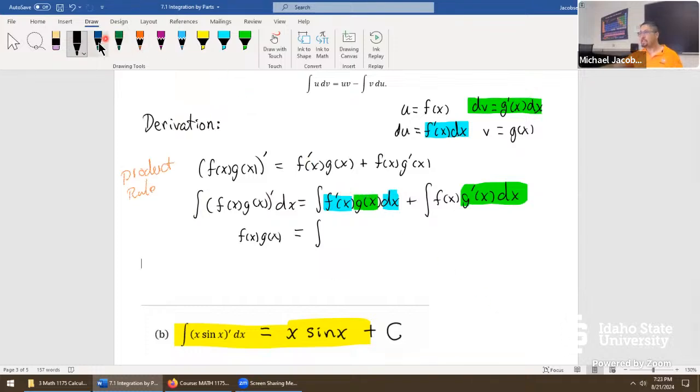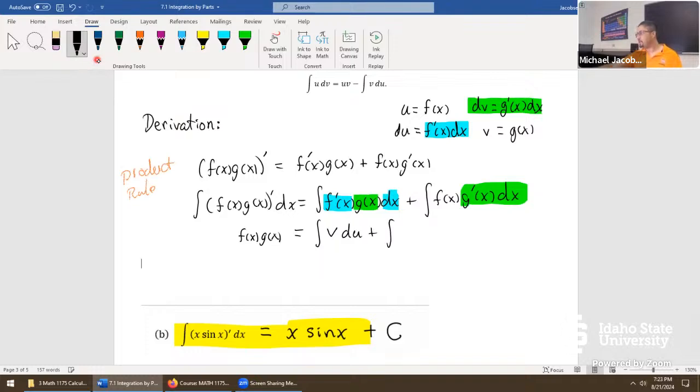For f prime of x dx, that's altogether a du. So we have, let's see here, g of x, that's the value v. f prime of x dx, it's in a different order, but multiplication is commutative. You can change these around and you get your du. Put that in black again.